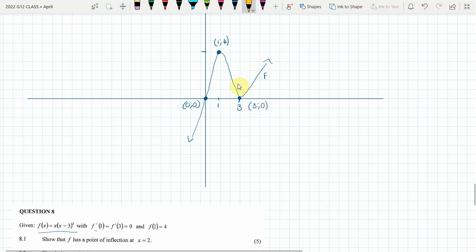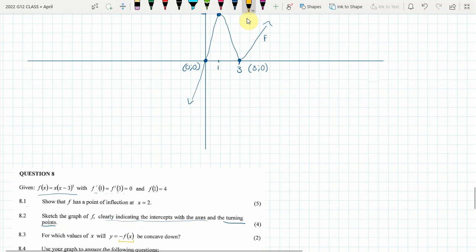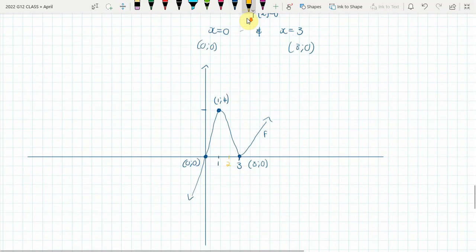Now, f is concave down from where to where? From 0 to 3. Not quite, because remember where the point of inflection is. I think it's where x equals 2.